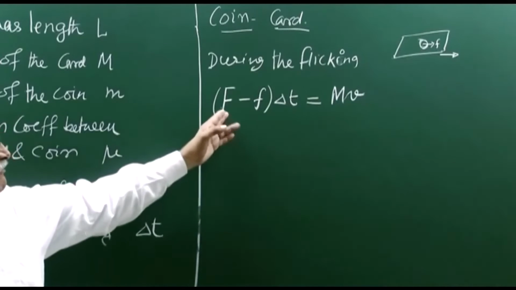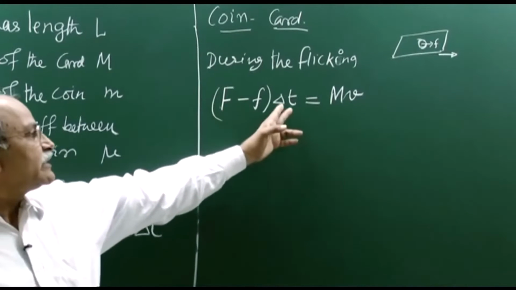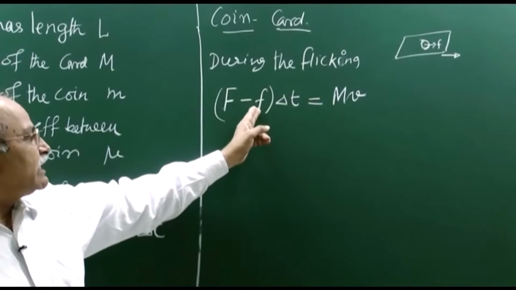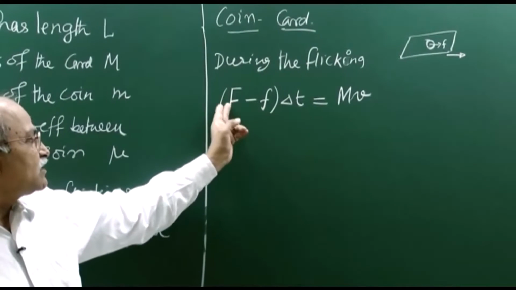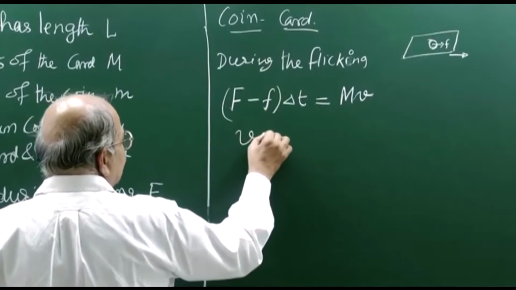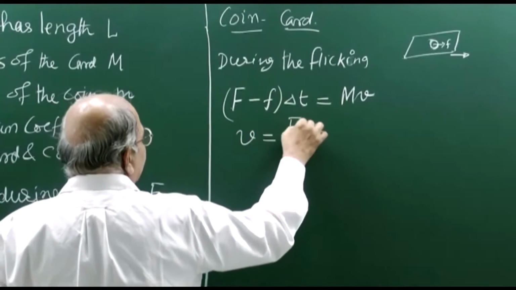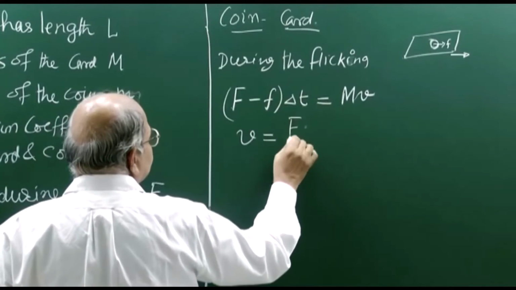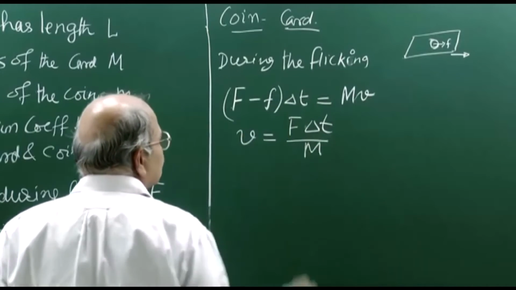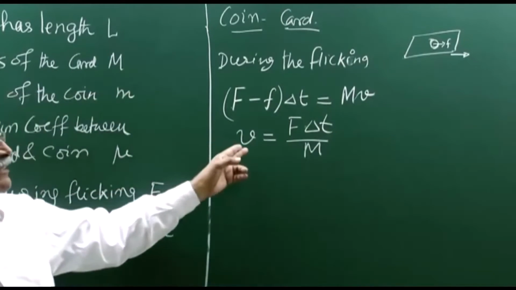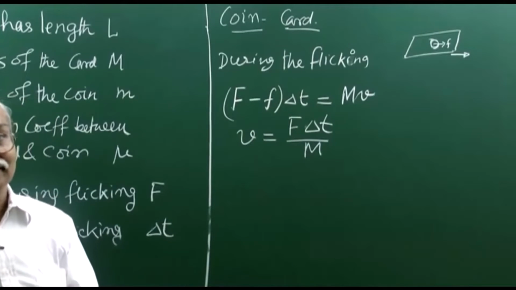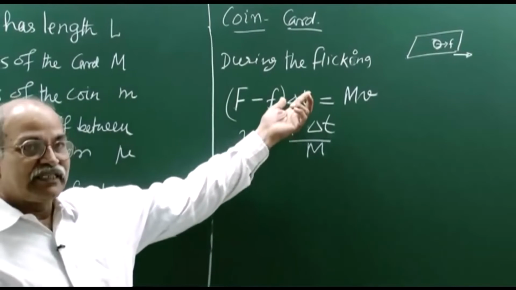Since F is supposed to be large and delta t is small, you can neglect the friction f in the presence of F, and then you have the velocity v equal to F delta t divided by M. That is the velocity gained by the card just after the flicking, and this delta t is very, very small.